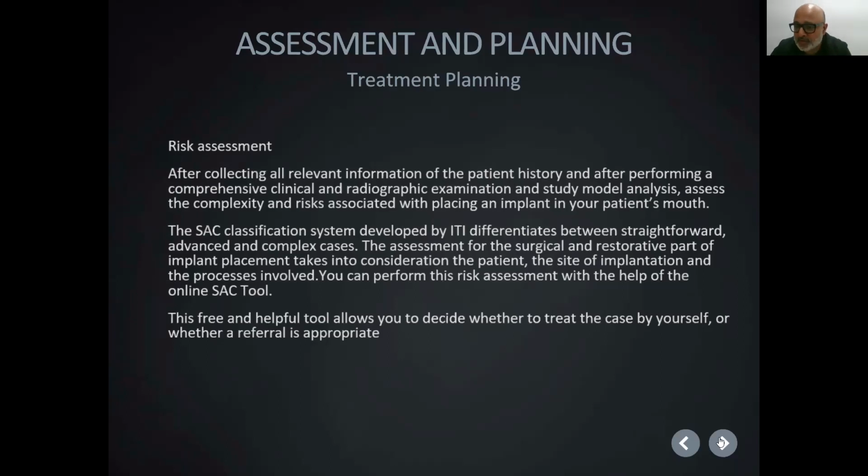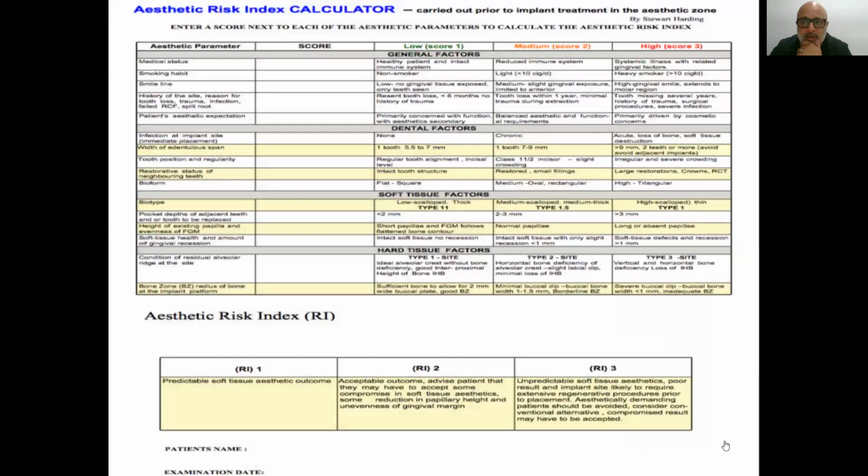It's free, available and easy to use, and it tells you whether a referral is appropriate. It's not to harness referrals. We get lots of them anyway. It's simply to know when you should and when you shouldn't. And I'm still a firm believer, and I still practice this: if in doubt, refer out. Don't put yourself in that situation.